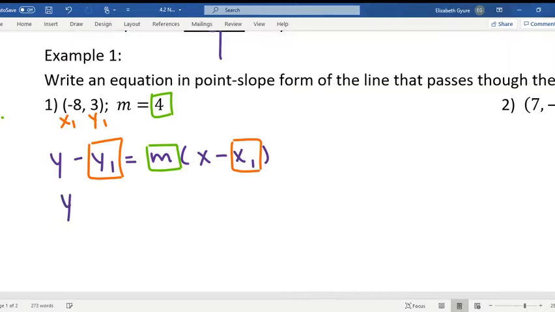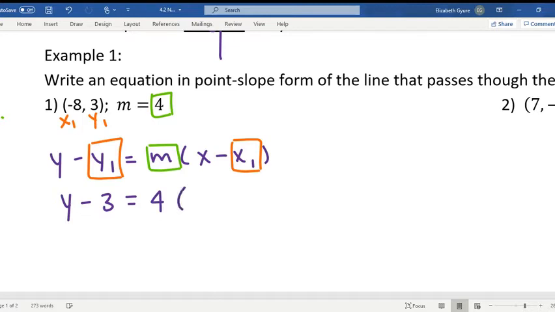So you're going to have y minus y1. Now, if you look up at your coordinate point, what's your y1 value? 3. So you're just going to simply put a 3 in place of y1. Then m is your slope. What number was our slope here? 4. So we're going to put a 4 in for m.